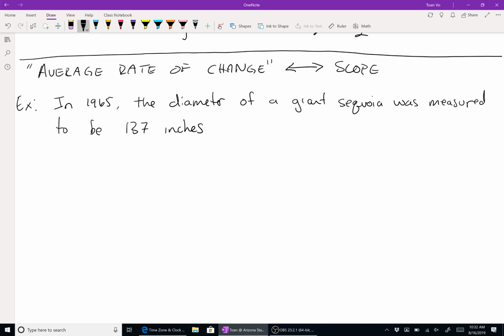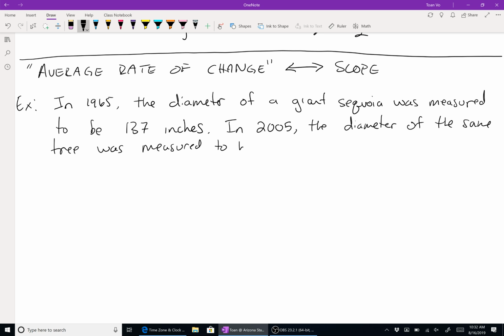That's a pretty big tree. In 2005, the diameter of the same tree was measured to be 141 inches. Find the average rate of change.